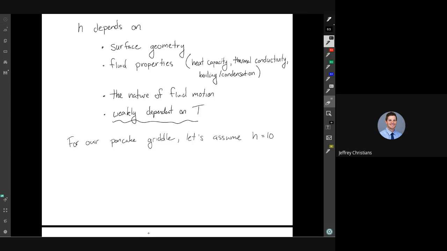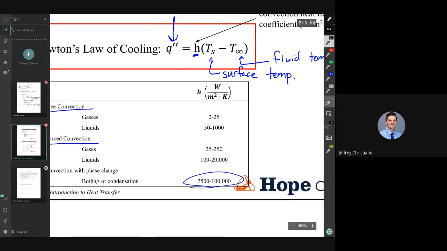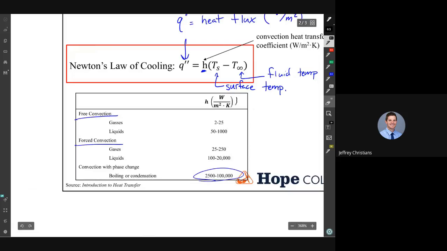The units on that are watts per meter squared Kelvin. So we have these two kinds of things, one for conduction, one for convection. The units are really similar. Okay, so the units on h: watts per meter squared Kelvin.